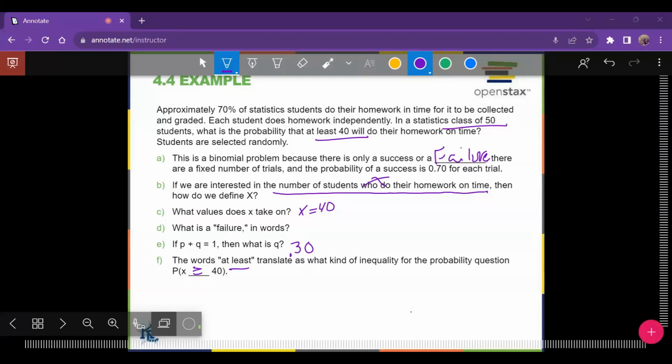And we're going to use the binomial distribution again. For the number of successes, we want it to be greater than or equal to. So theory-wise, if we're doing greater than or equal to, and the binomial distribution can only give us strictly less than, we're going to take our X and subtract 1. So we're going to use 39 here instead.